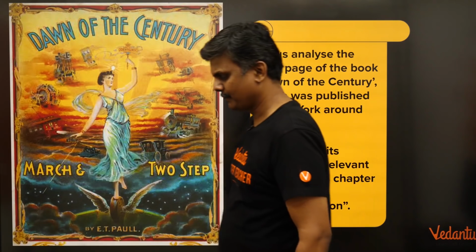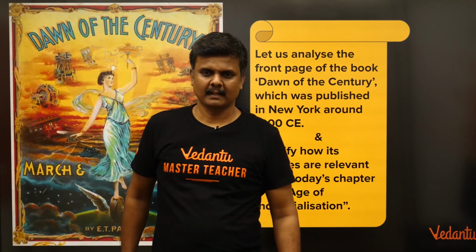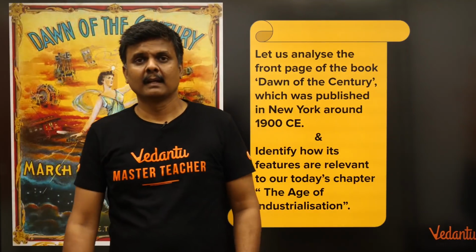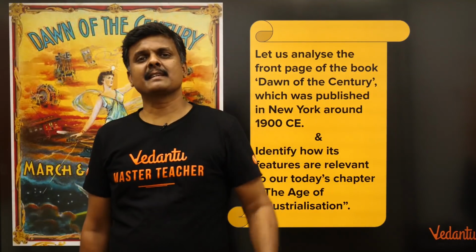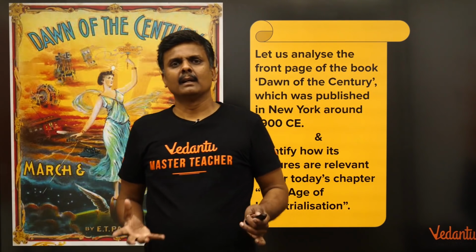Dawn of the century. But if at all we have to think about when industrialization in a proper scale all started, it all started way back in 16th century itself. Again I repeat, way back in 16th century. However, it started picking up momentum in 17th century.